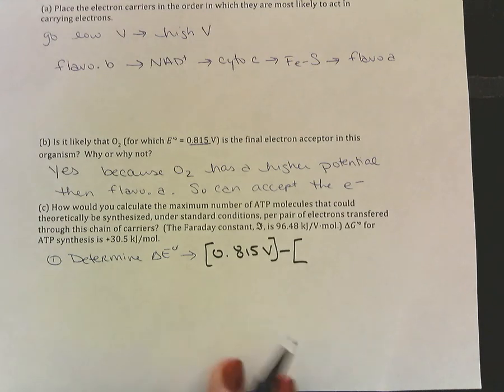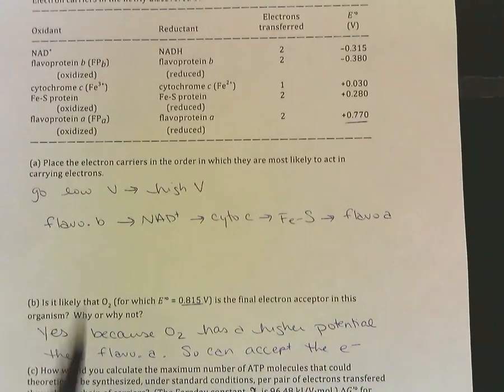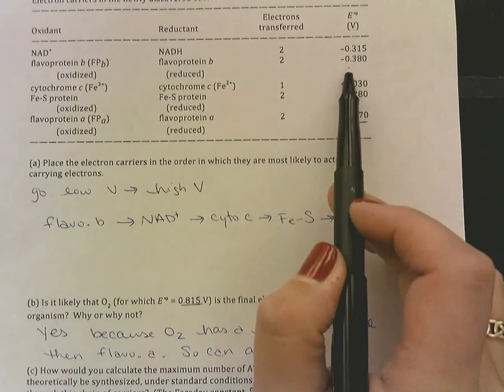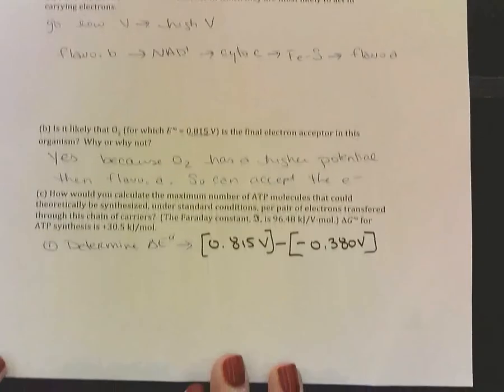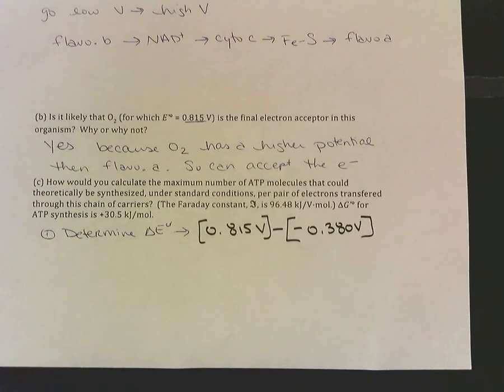Then the first step was this flavoprotein B. So what is my overall change in potential from the start of it to the end of it? I haven't actually calculated it, so let's see.